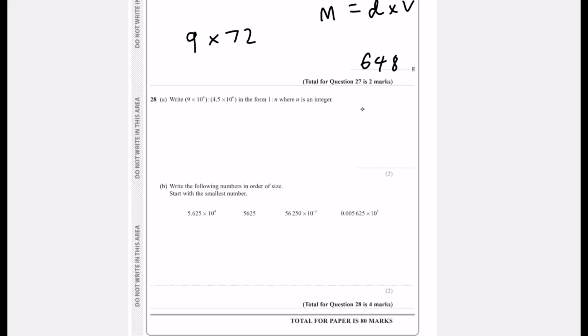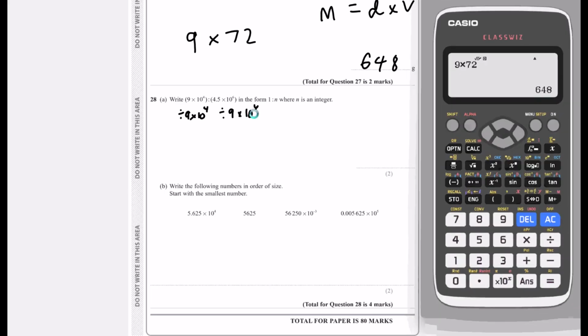But all we really have to do is divide them both by the same thing. If we want this one to be 1, in the form 1 to n, we're going to divide by 9 times 10 to the power of 4. And if I divide this one by 9 times 10 to the power of 4, I'm going to divide the other one by 9 times 10 to the power of 4 as well.